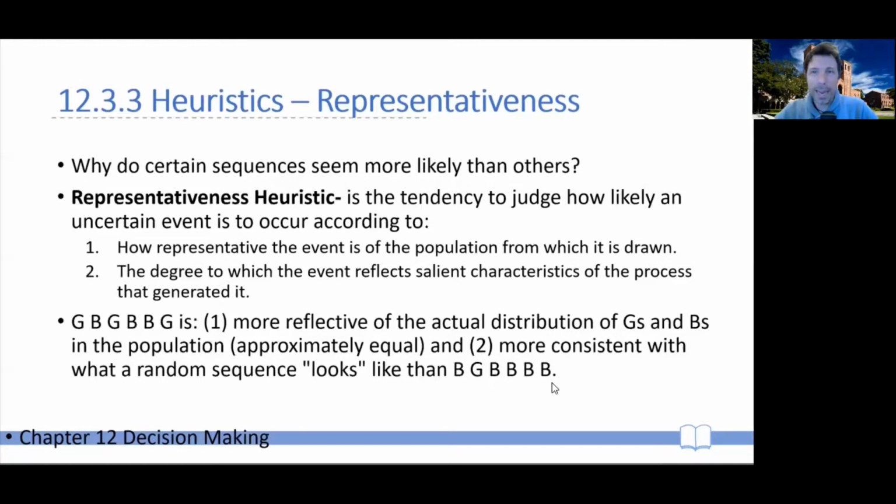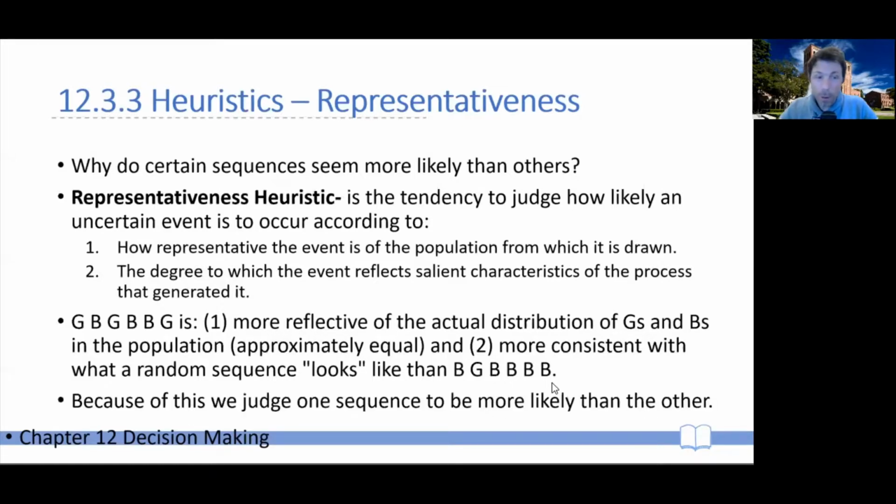And you can replicate this with coin tosses. If you imagine the Gs and the Bs being heads and tails, you get the exact same effect. So overall, when we judge how likely an event is to occur, and remember, this is a foundational part of expected and subjective utility theory, we have to be able to judge how likely a certain event is to happen in order to calculate expected utility.